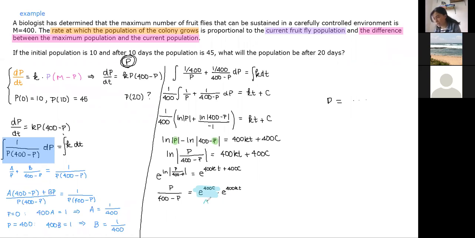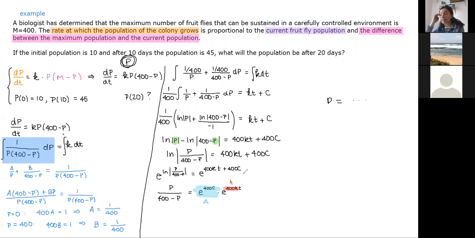A, just some number A. And for e to the 400kt, I'm going to write 400k over here as some other value, which I'm going to denote by h. Okay, and this is because c is an arbitrary constant that I'm going to have to find.